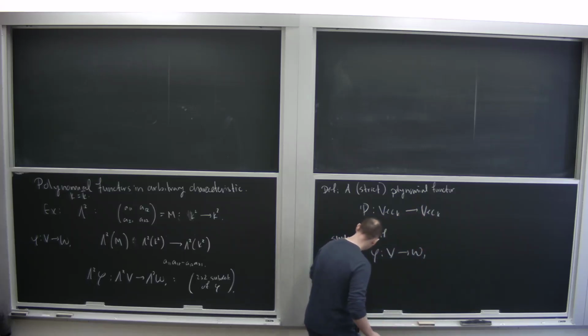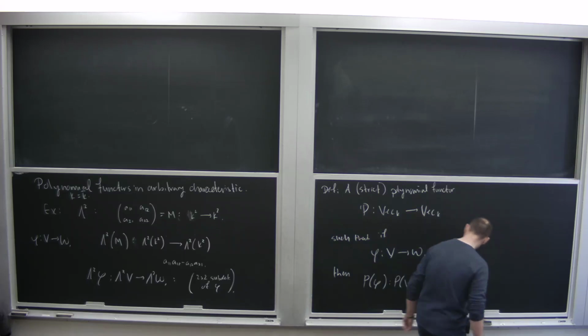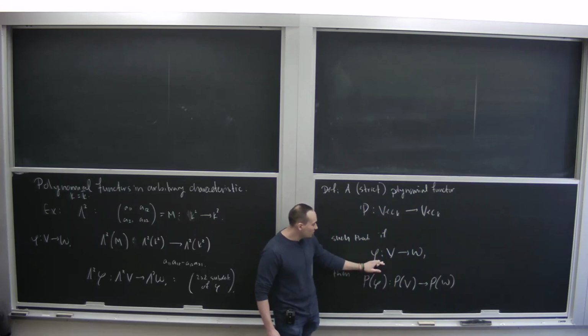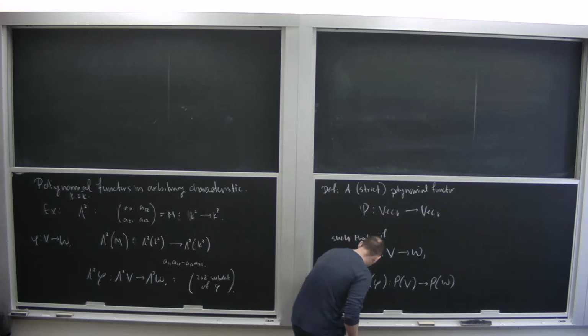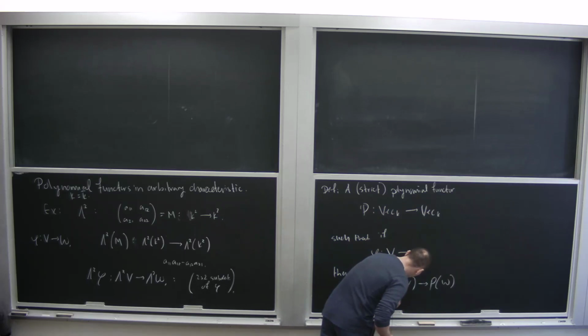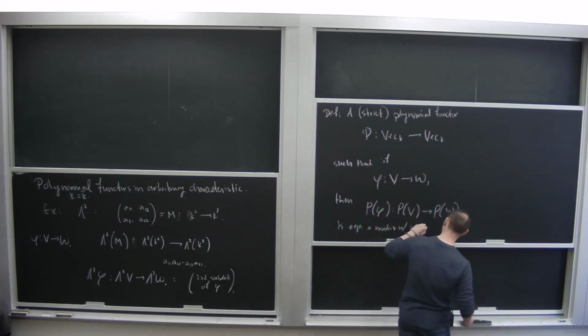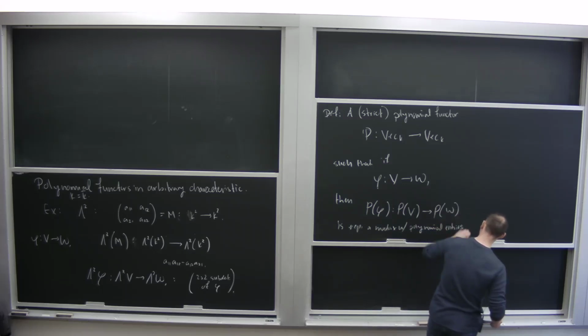Then, when I apply the functor to phi, this is going to be a map between 2 more vector spaces, P of V and P of W. And if I look at the matrix representing this, then the entries should be polynomials that entirely depend on the entries of this original map phi, right? So it is represented by a matrix with polynomial entries, only depending on phi.